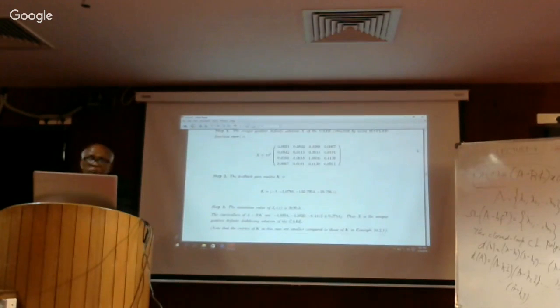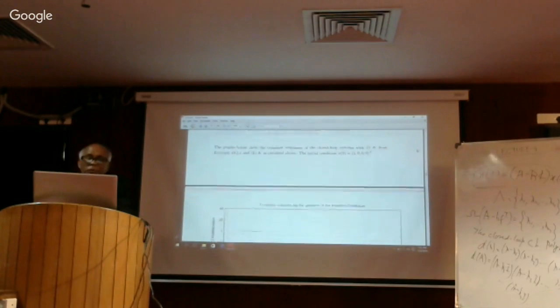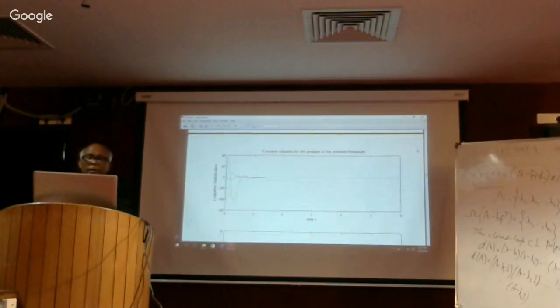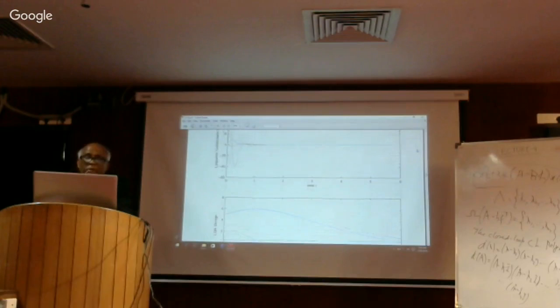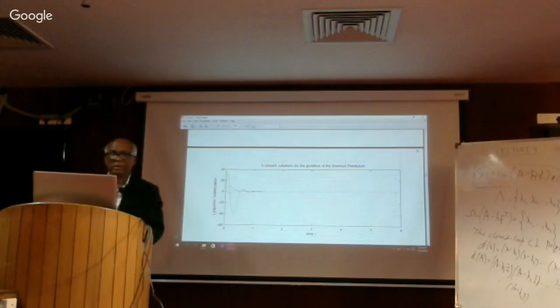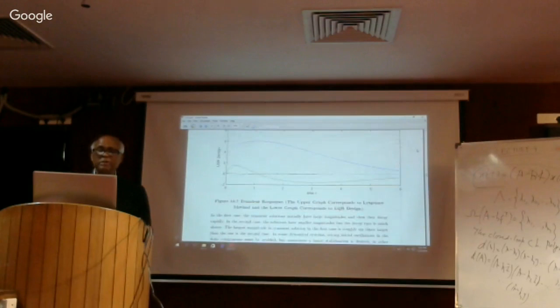As a matter of fact, I have drawn some pictures here for you to see. Here is the time solution for the implementation of the problem. This is the Lyapunov matrix equation approach. And this is the solution with the LQR approach, or Riccati equation approach.